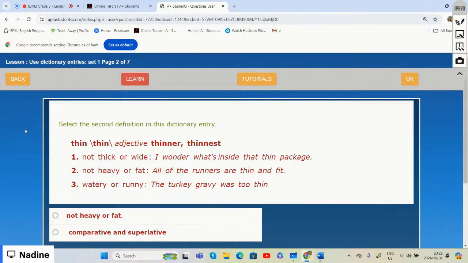All right, they say we need to select the second definition. What is the second definition or the second meaning within this dictionary entry?